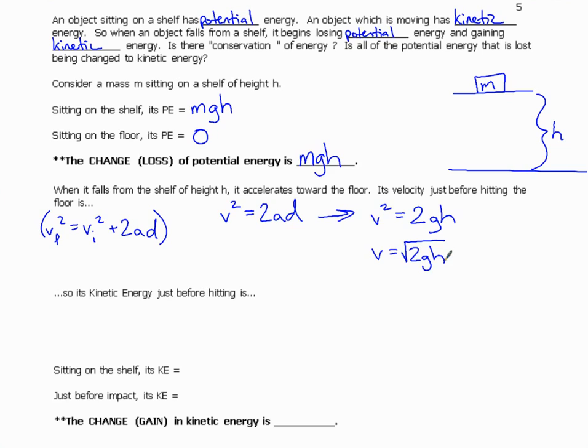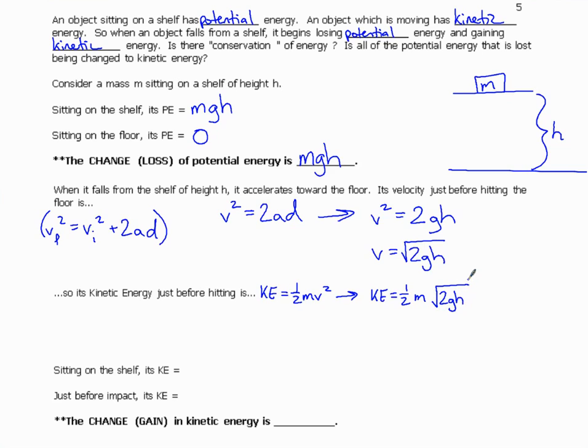So its kinetic energy just before hitting is, here's kinetic energy, 1/2 times mass times the velocity squared. Let's use this for our velocity. Kinetic energy equals 1/2 times the mass times the square root of 2gh.